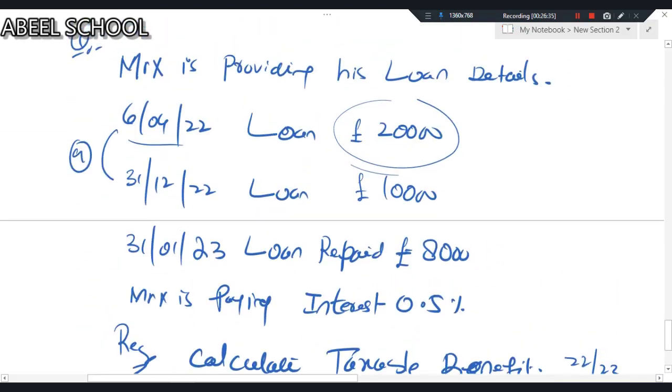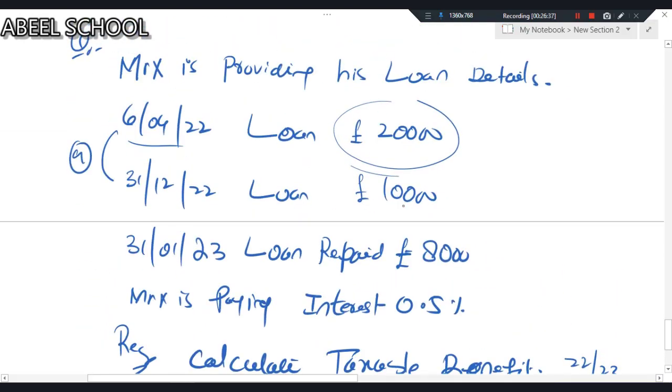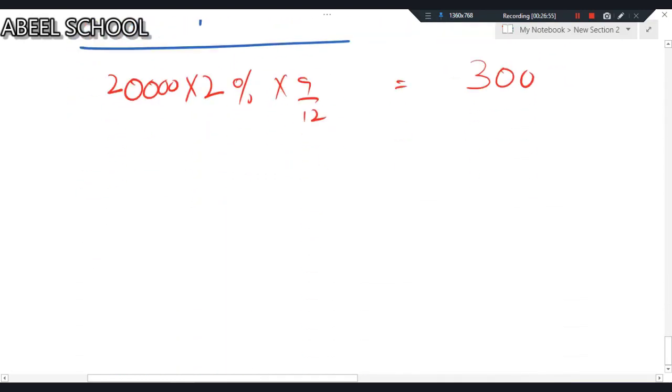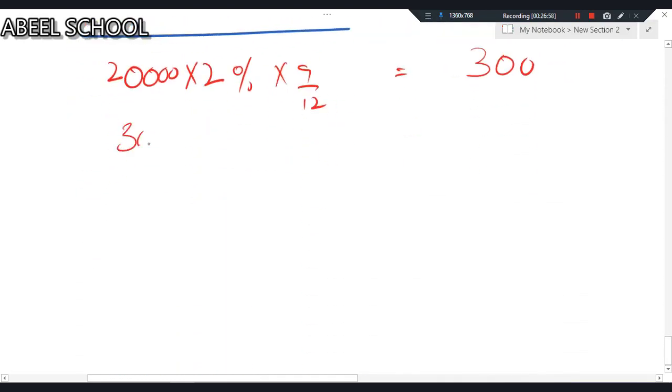Then in December 22, he took 10,000 additional loan. Initially the loan amount was 20,000, then a further loan of 10,000 was taken, so it becomes 30,000. From December till January 2023, there's 1 month, and the loan amount was 30,000. So you have to take 30,000 into 2% into 1 upon 12.